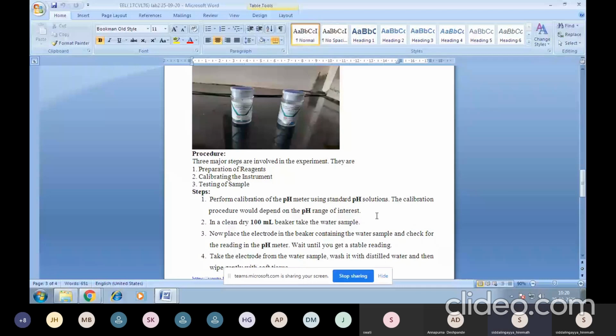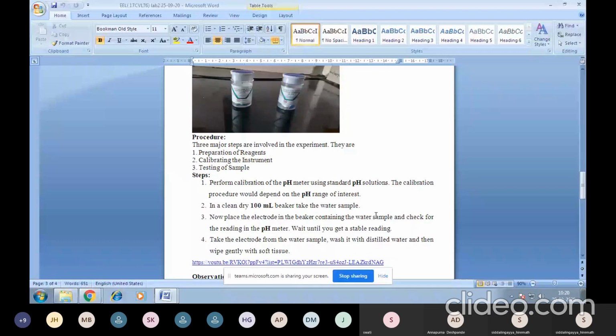So you can go through the video to see how the calibration is done, until you get a stable reading here.